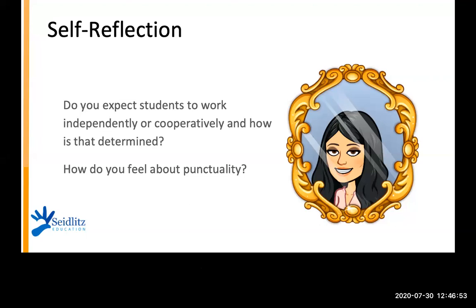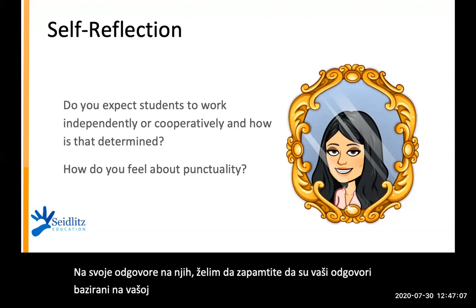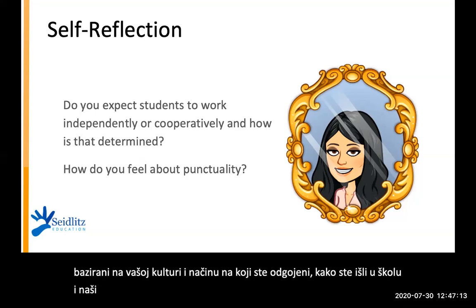I can see these answers rolling in. And as you reflect on your answers to these, I want you to remember that your answers are based on your culture and the way that you were raised, how you went to school. And our students may not have the same beliefs.